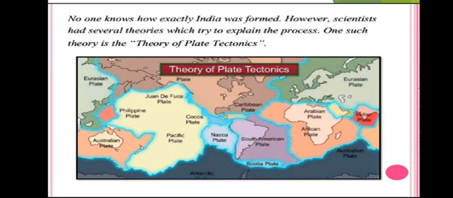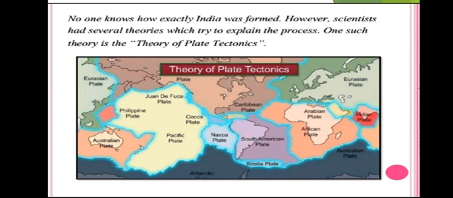So not island, it was a large continent. The northern part was Angara land, and the southern part below you can see was your Gondwana land. Now, northern part was known as the Angara land, whereas the southern part was known as the Gondwana land.